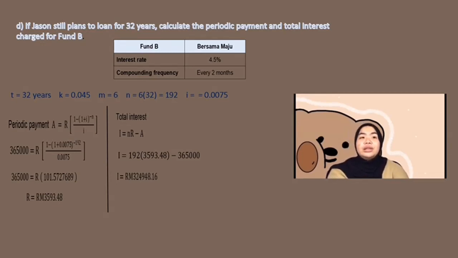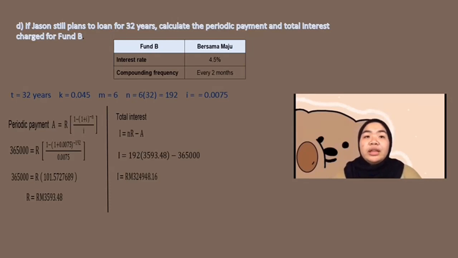So t is 32 years, k is 0.045, m equals 6. To find n, we use m times t. So n is 6 times 32, the answer is 192.